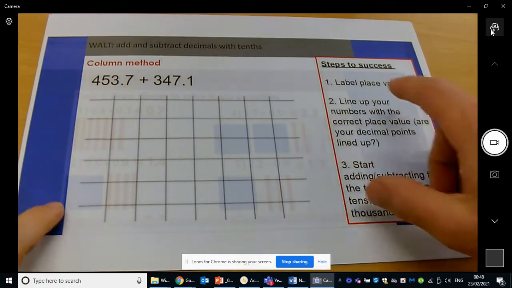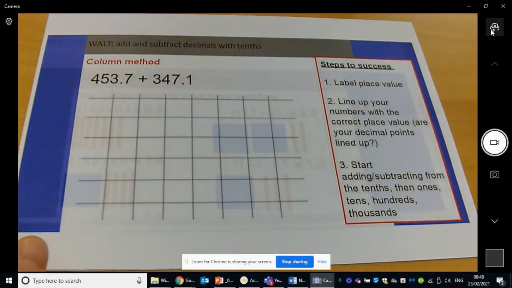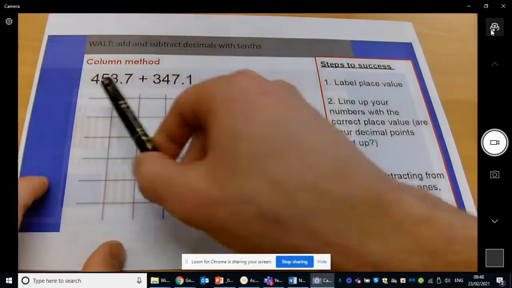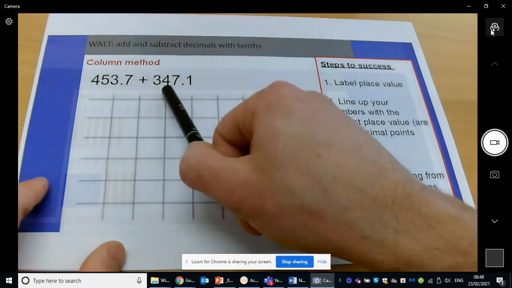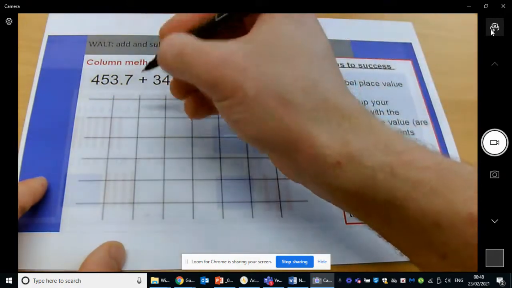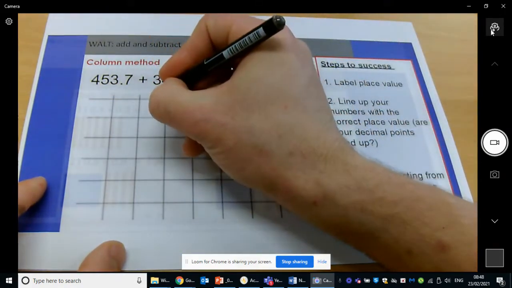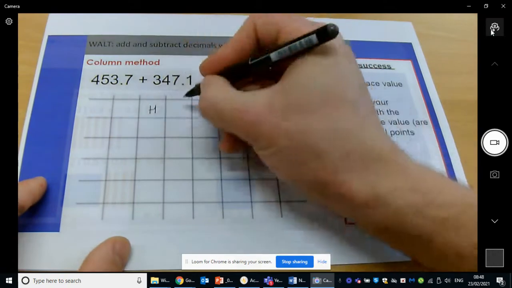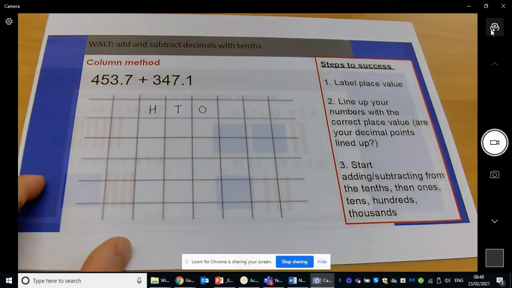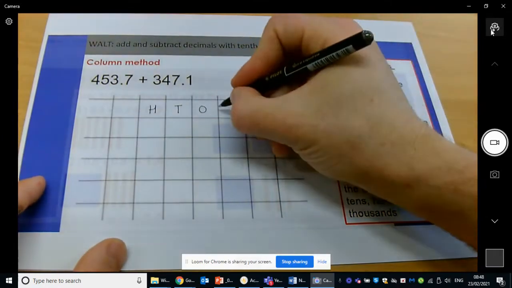So the first thing we're going to do is label our place value. So what's the highest place value that we have with these numbers? So this one is in the hundreds, and this one's in the hundreds as well. So there are no thousands that we need. So we can start with our hundreds. Then we're going to need our tens, our ones. And really important that we include this.